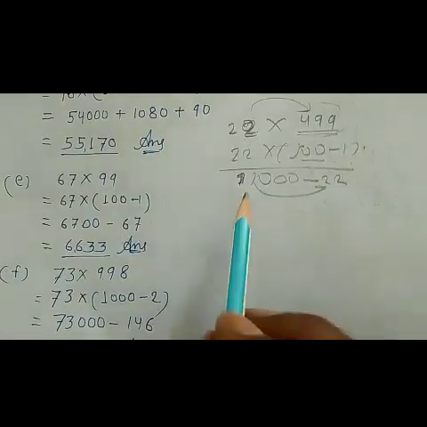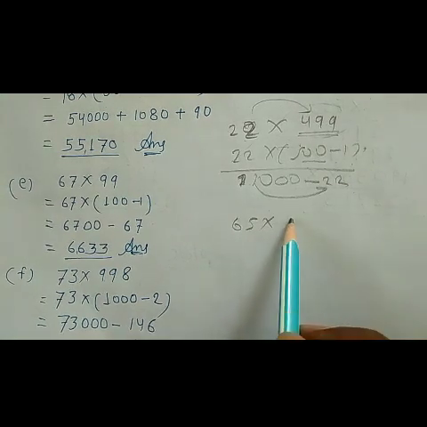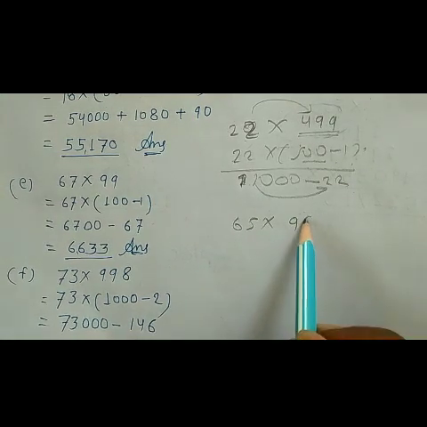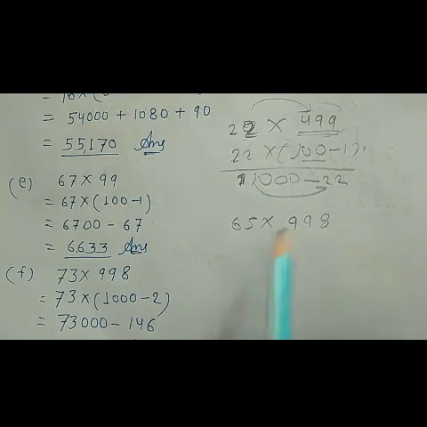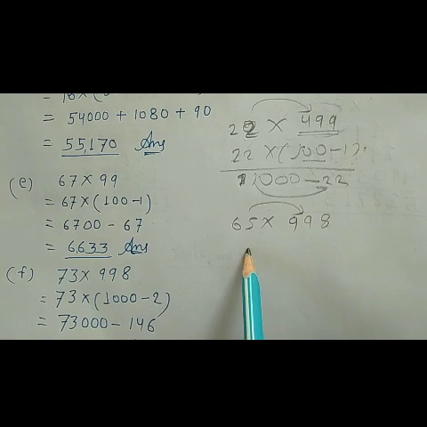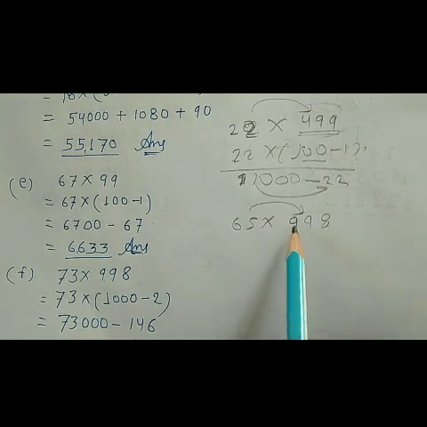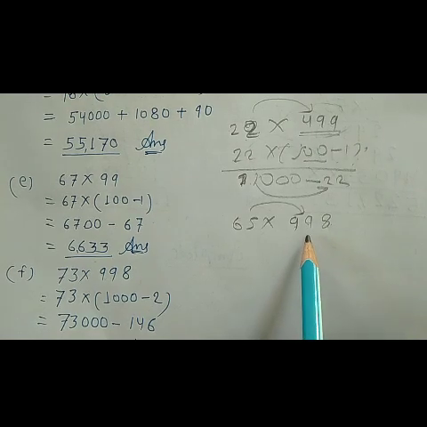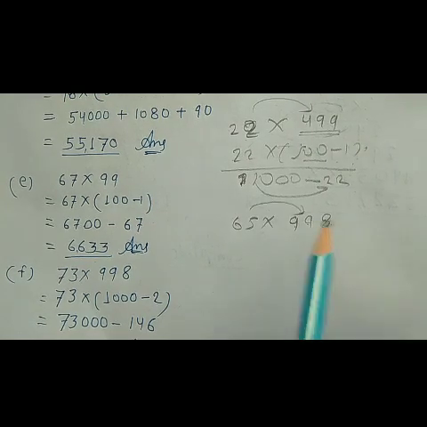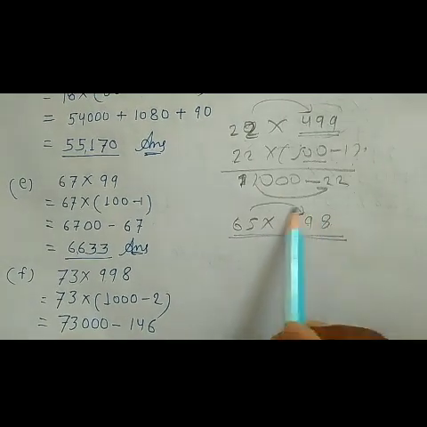Again, if we have a number, this is 65, and we have to multiply 65 by 998. We have to multiply these two numbers. In this case 65 will be multiplied with this, a very difficult question for you. So in order to solve this question, we distribute this number.